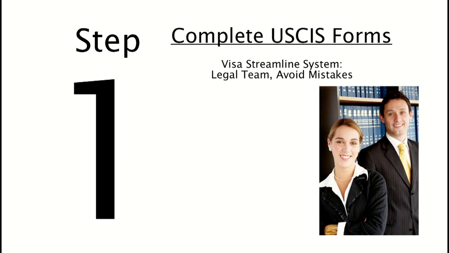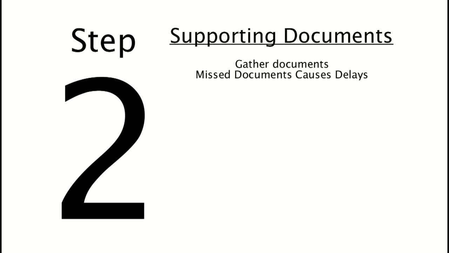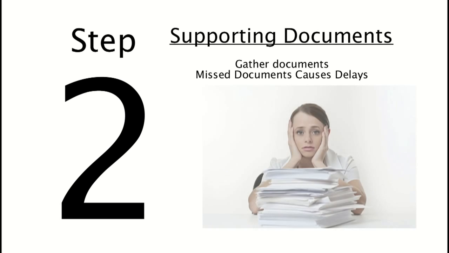With the Visa Streamline system, the legal team completes the USCIS forms for you so that everything is completed correctly and there are no mistakes. The next step is providing the correct supporting documents. Depending on your situation, you could have 10 or more supporting documents. If you miss one of these documents, your application will be delayed again. The government will send you what's called an RFE, a request for evidence.